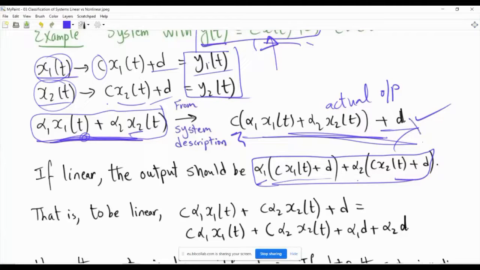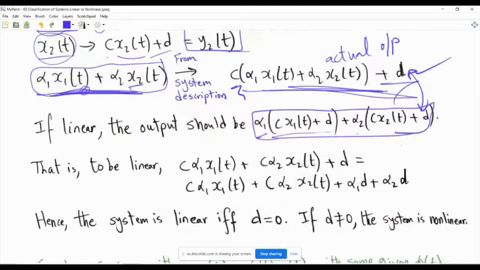The system is linear if these two are the same. So for the system described in the problem statement to be linear, the output that we obtain from knowing how the system works should be equal to the output you expect from a linear system, which is this expression here.